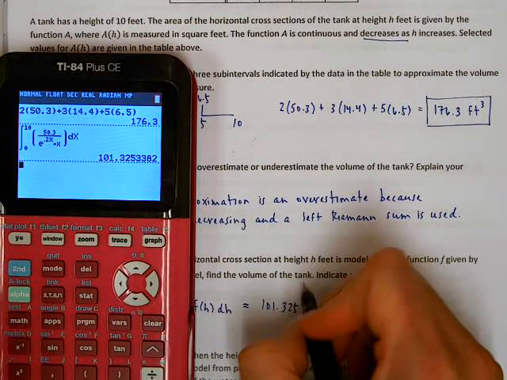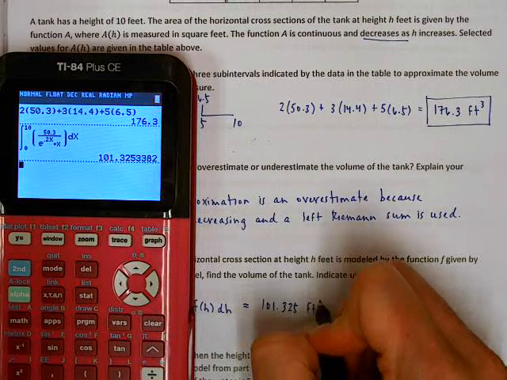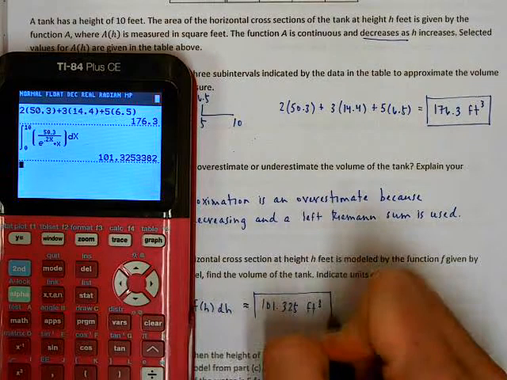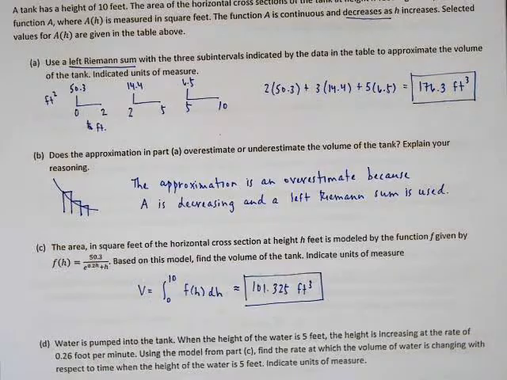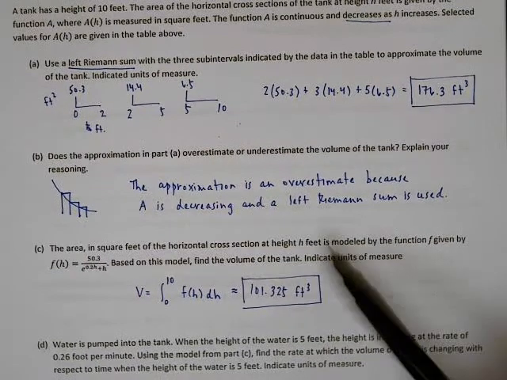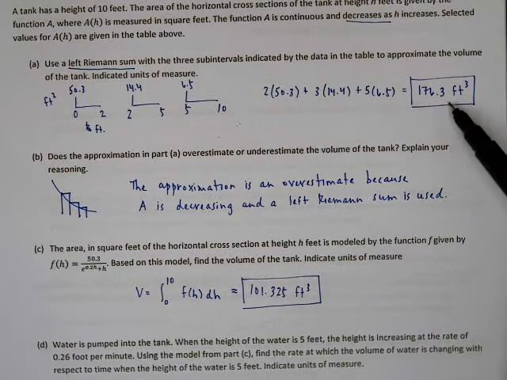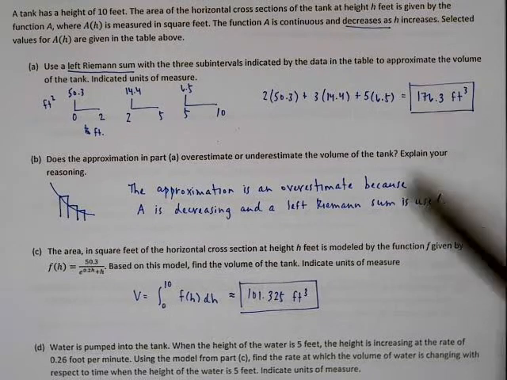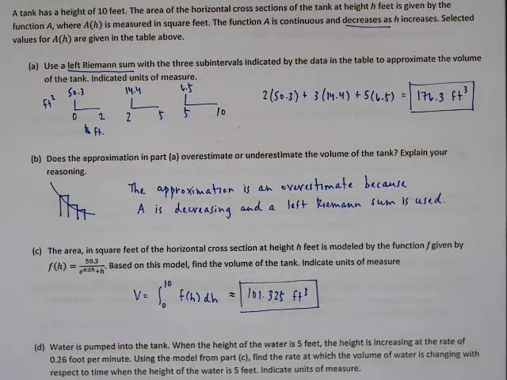And again, my units would be cubic feet. And you can see here the actual volume is actually less than our estimate, which supports what we said here, that approximation was an overestimate.